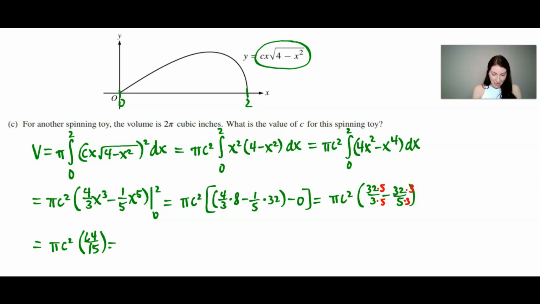cubic inches. This is where I'm going to set this equal to 2 pi and solve. Well, first I can divide both sides by pi to make that go away. And then solving for c squared, I would have c squared equals, if I multiply both sides by the reciprocal of 15/64, I would have 30/64, which can be reduced to 15/32.